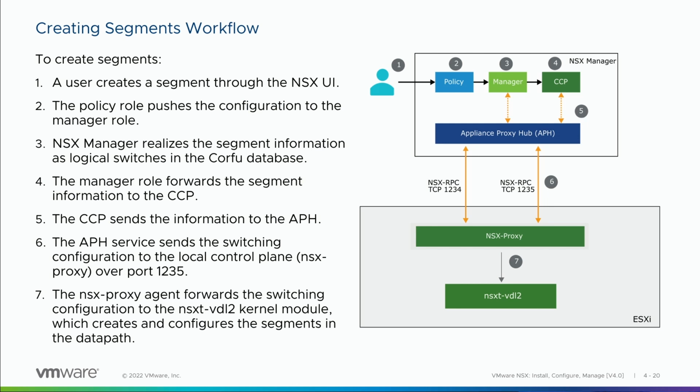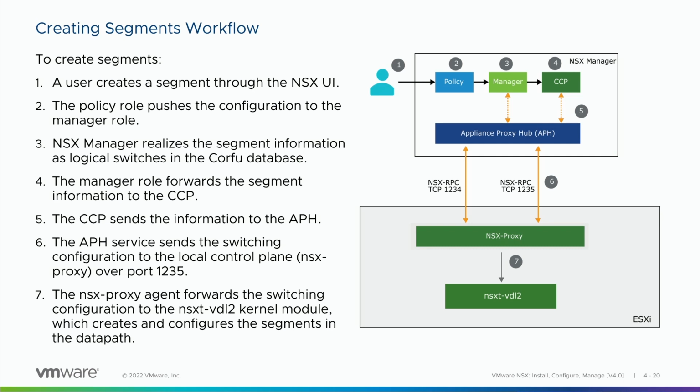All right, when we hit that save button, that desired state configuration is going to go through the policy engine in the NSX Manager. And it's going to say, I want a segment, and it needs to have all these desired state characteristics, right? This transport zone, this gateway, this subnet, and so on and so forth. And Manager is going to take that and break that up into constituent pieces.